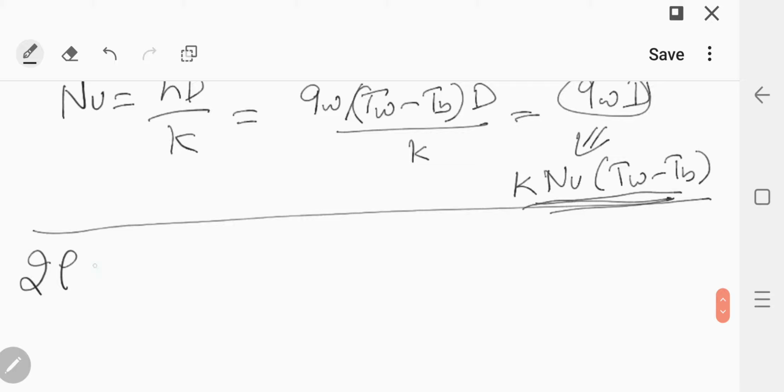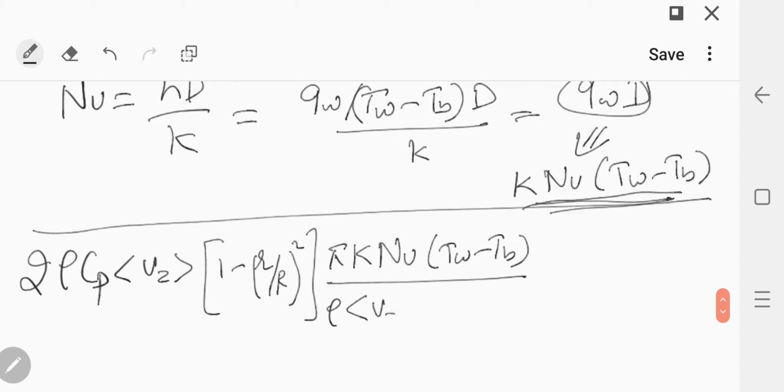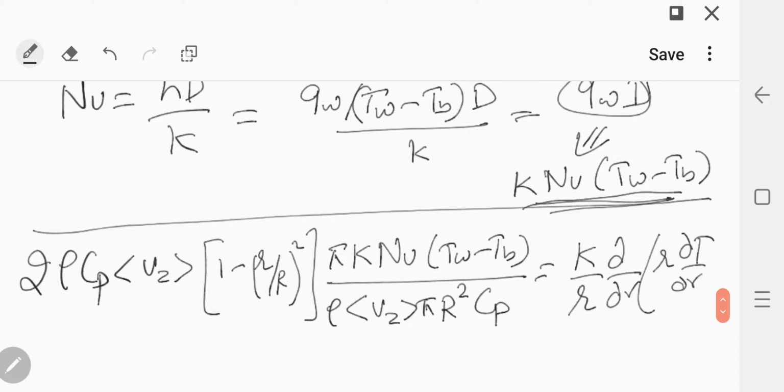So 2 rho Cp into average velocity into 1 minus r square by R square, we have pi k Nusselt number Tw minus Tb over rho average velocity pi R square Cp equal to k by r del by del r of r del T by del r.